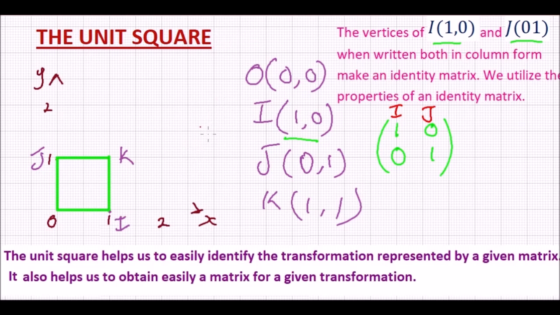So in conclusion, the unit square helps us to easily identify the transformation represented by a given matrix. It also helps us to easily obtain a matrix for a given transformation. Why are we saying easily?